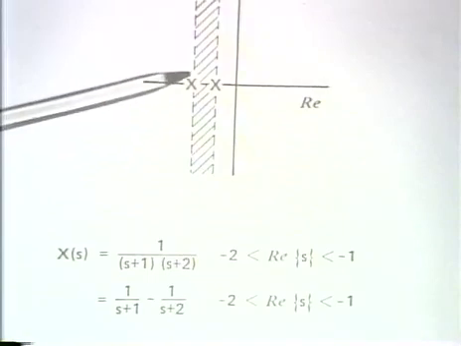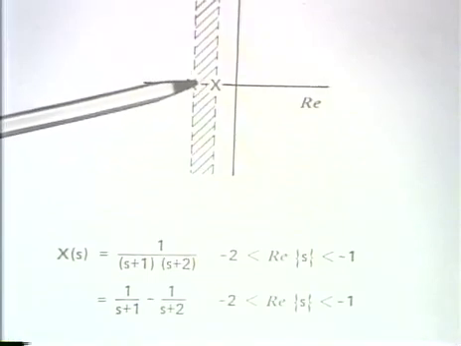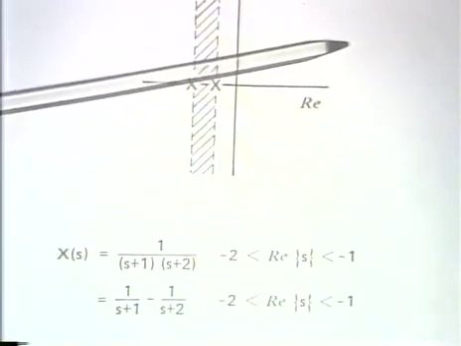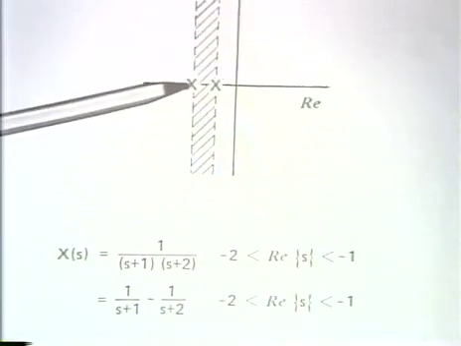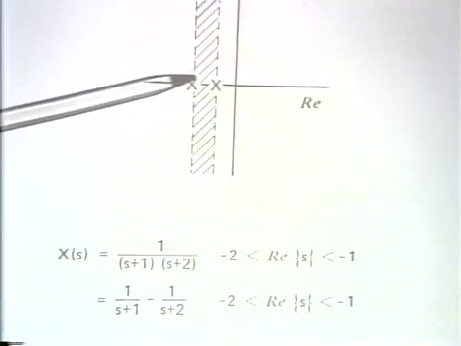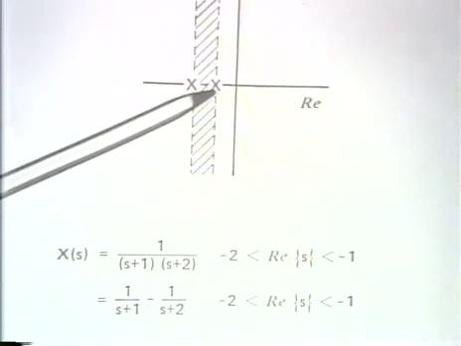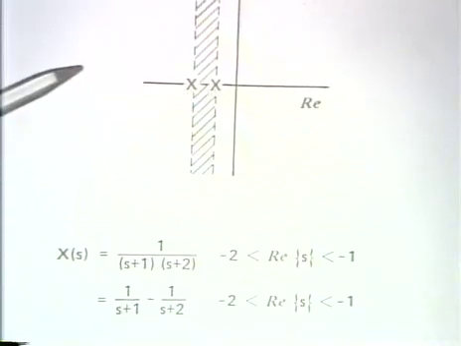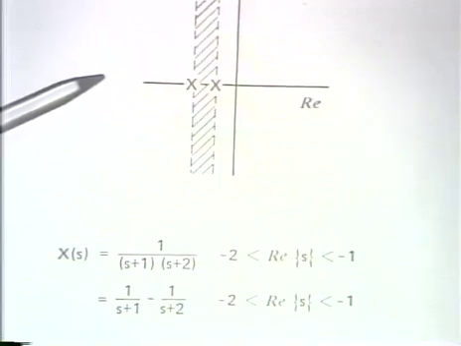And so what we would have is the sum of a right-sided time function due to this pole, which is of the form e to the minus t for t positive, and a left-sided time function due to this pole, which is of the form e to the minus 2t for t negative.